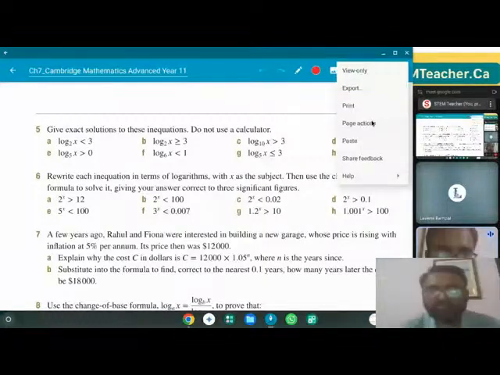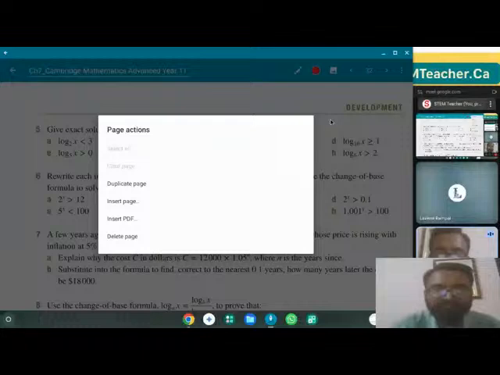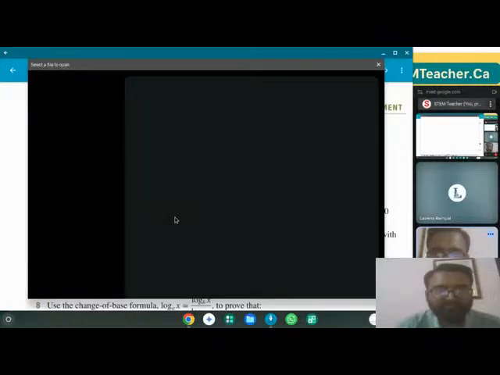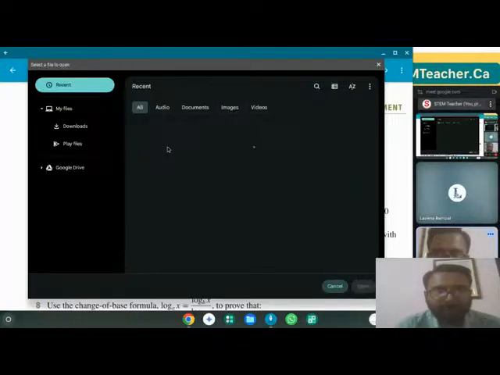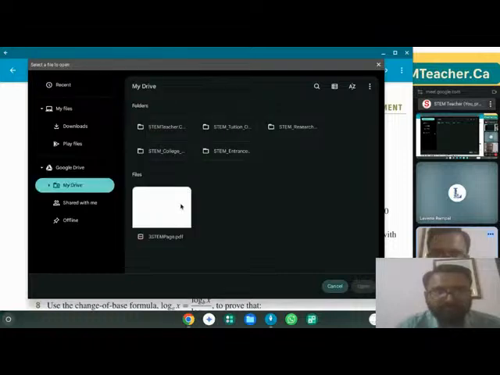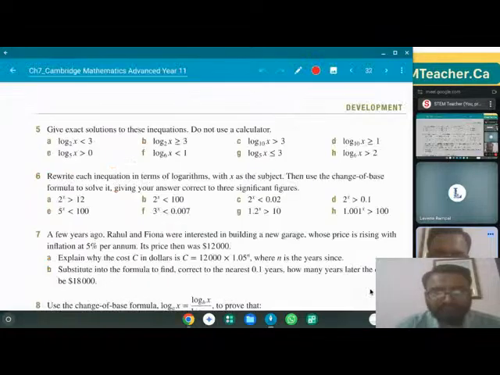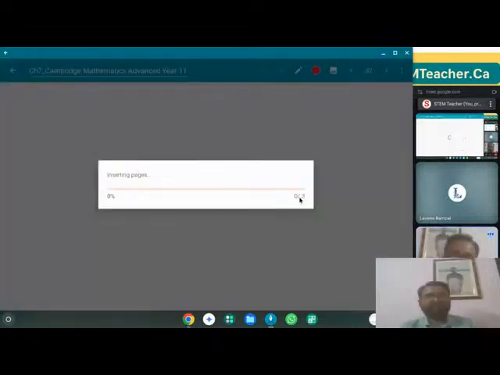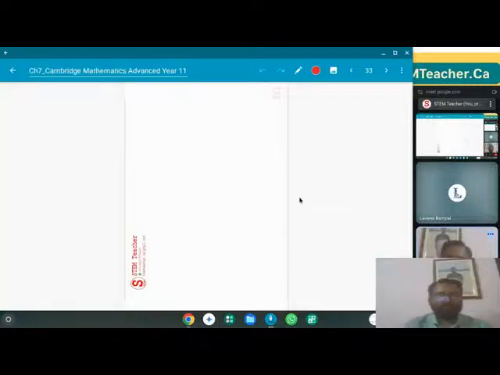Page action, insert PDF, after, Control V.